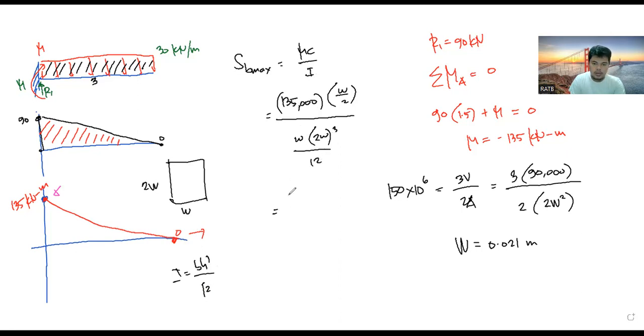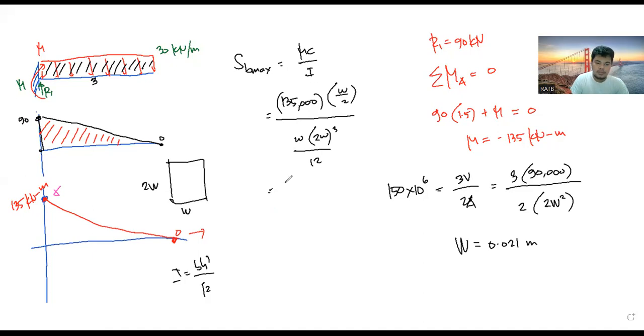So we have here 135,000 divided by 2, then divided by 2 cube over 12, so that we can have the number.